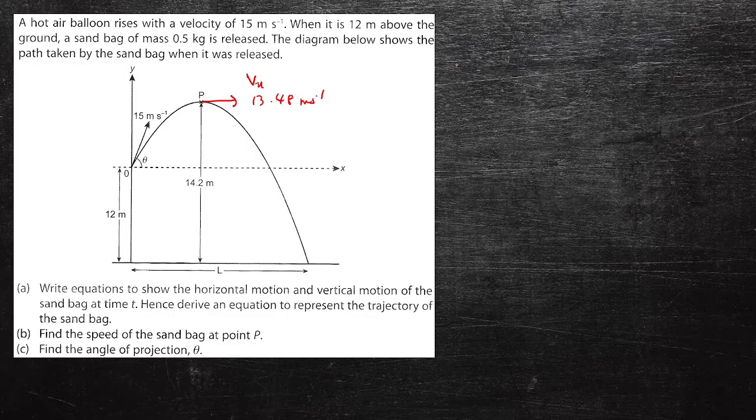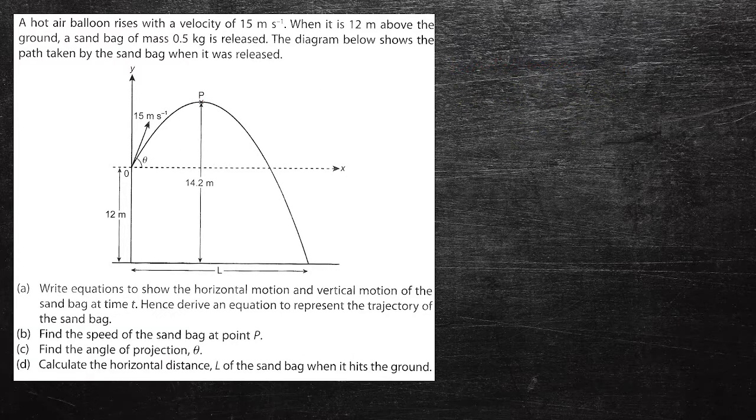So we can use the horizontal motion. From the horizontal motion we know that 15 cos theta equals 13.48. So again we have v1 equals 15 cos theta, and theta will be equal to 26 degrees. So over here the angle will be 26 degrees.